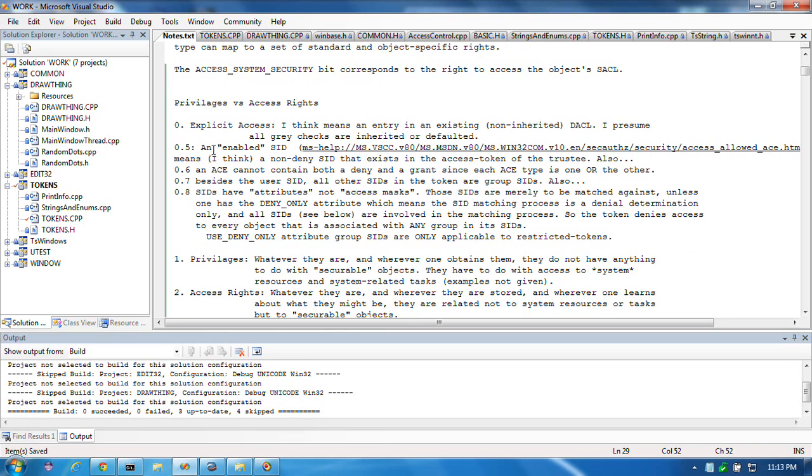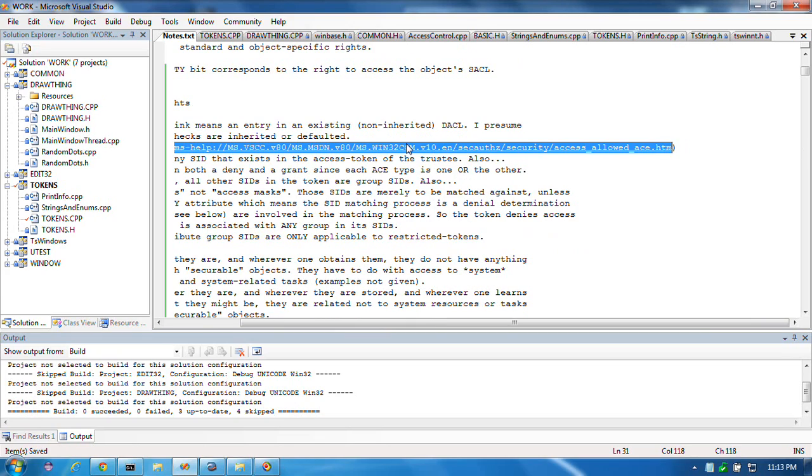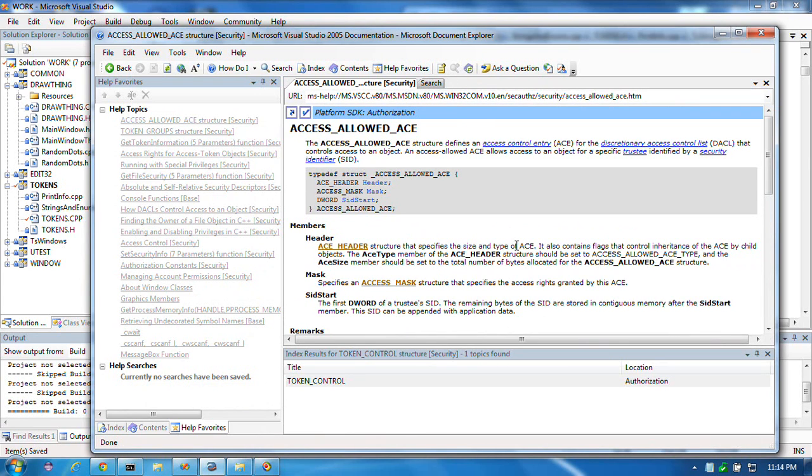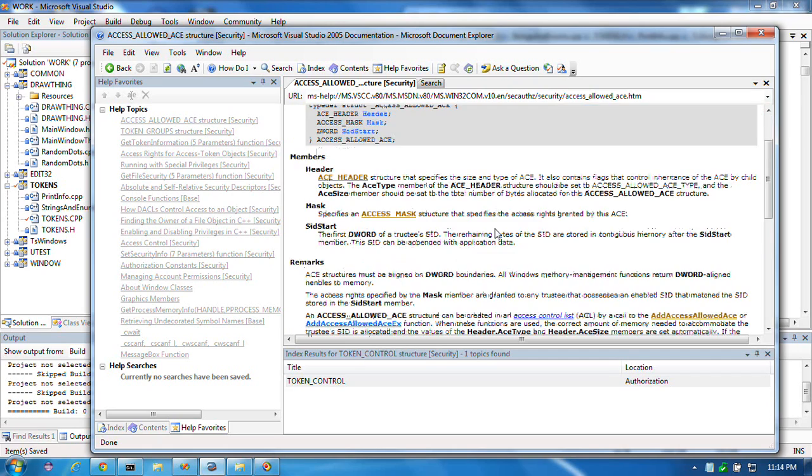Now, see, I don't know why I copied this. I thought maybe I could get back to it, but you never know, it might work. Okay, remember these access control entries, right?